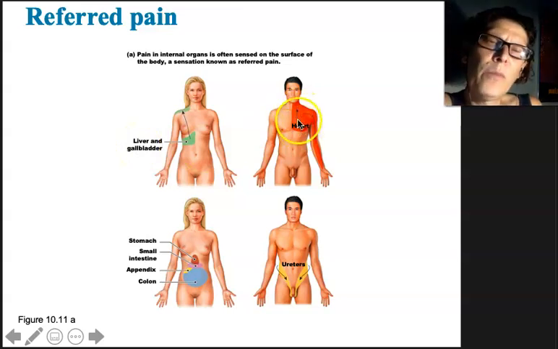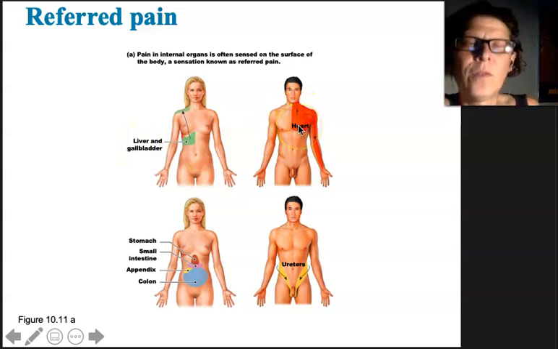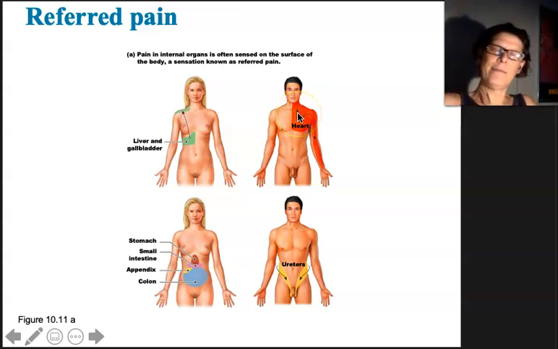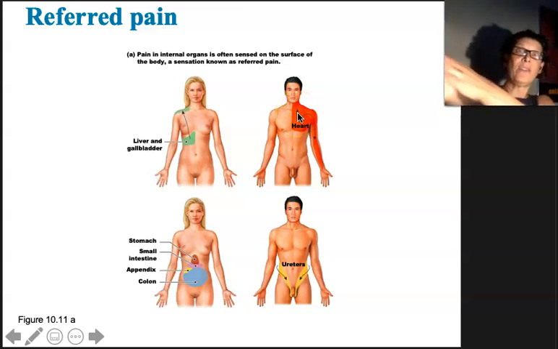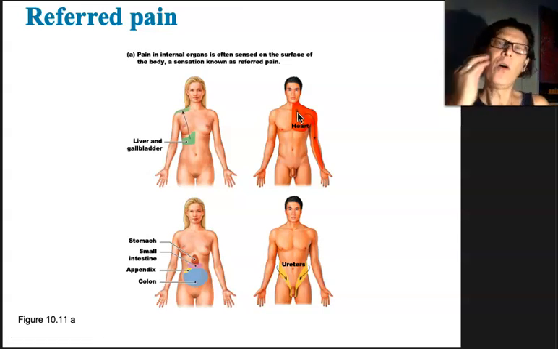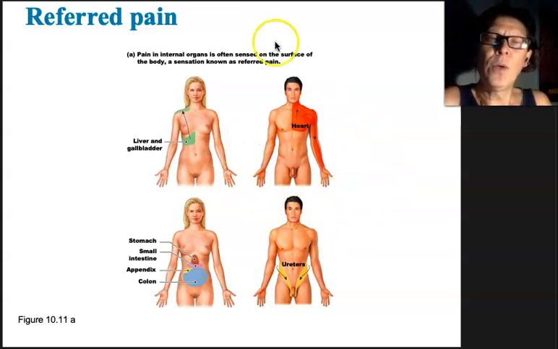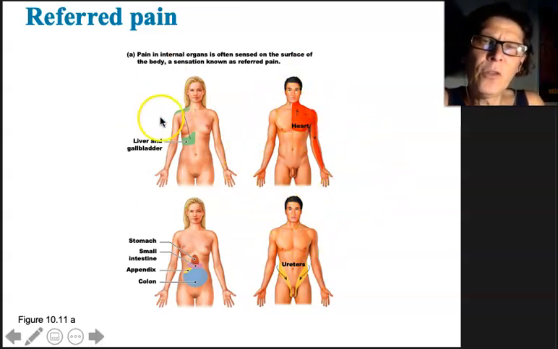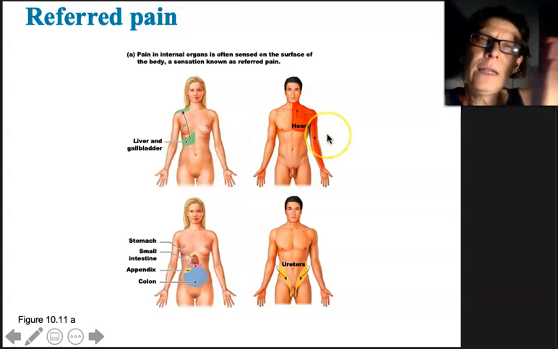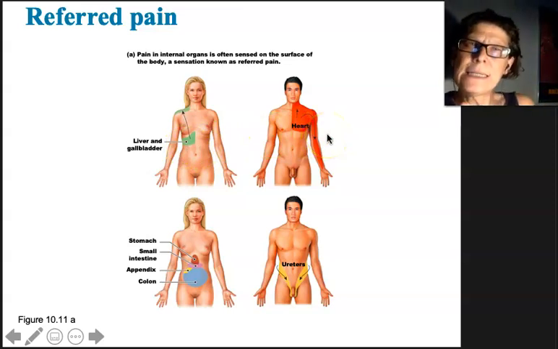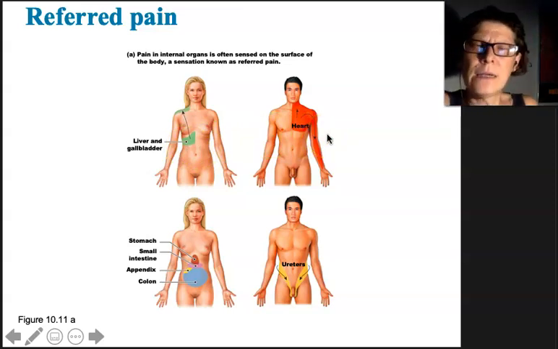Whereas if you have problems with your heart, you know this, right? Then it's that left chest and down the anterior aspect of your arm is pain. Often also the cheek, actually. So pain in those superficial areas of the skin are indicating pain that is inside, or a problem that is inside.